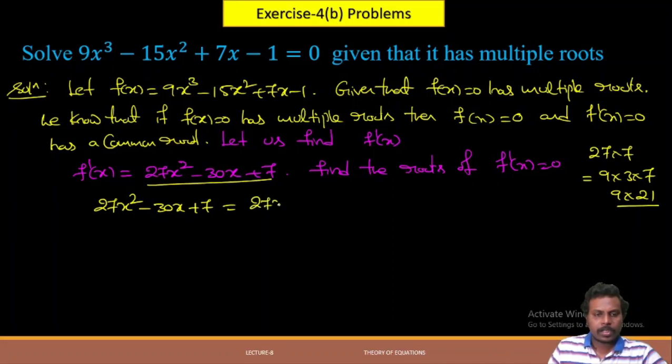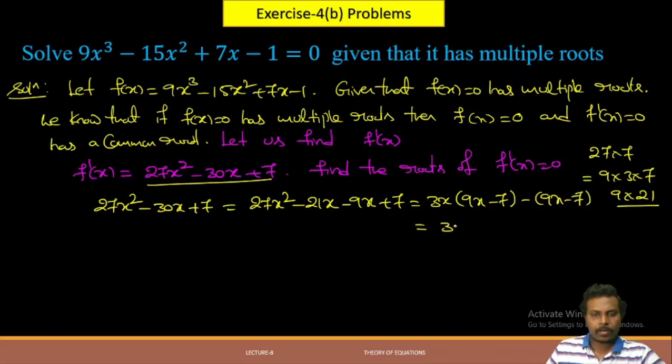So this is 27x square minus 21x minus 9x plus 7. That is equal to, if I take common 3x, this becomes 9x minus 7, and this is minus of 9x minus 7.